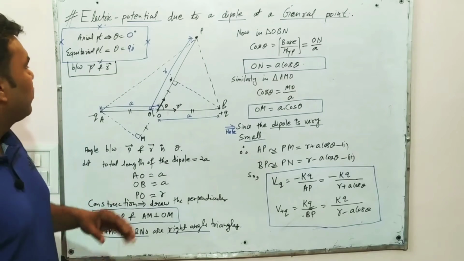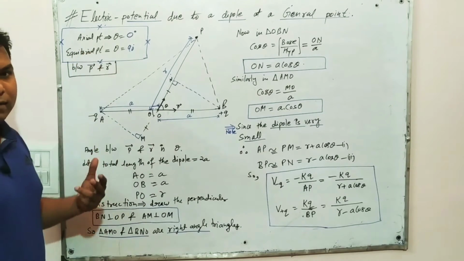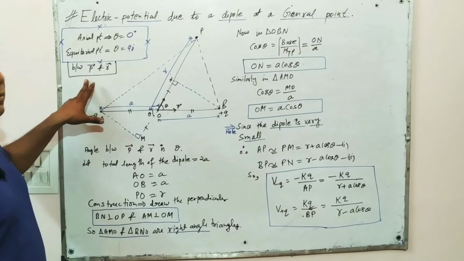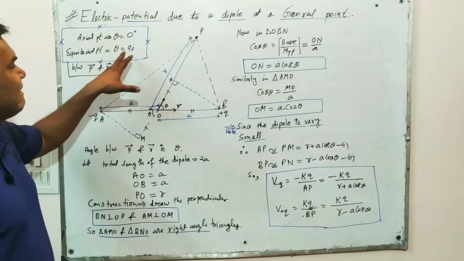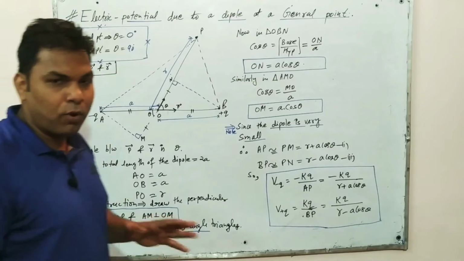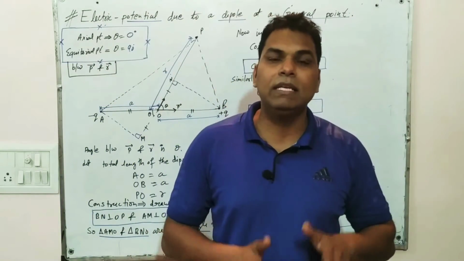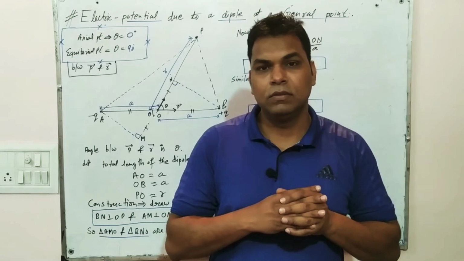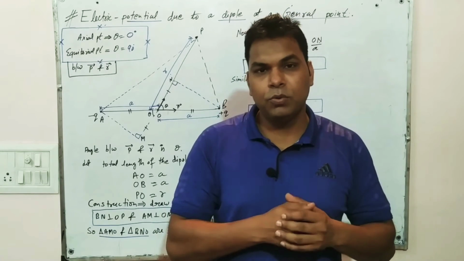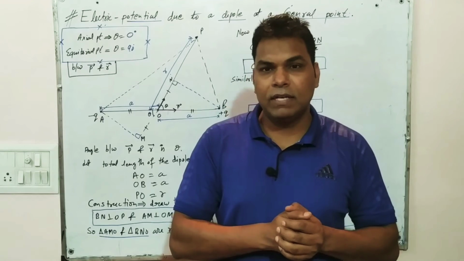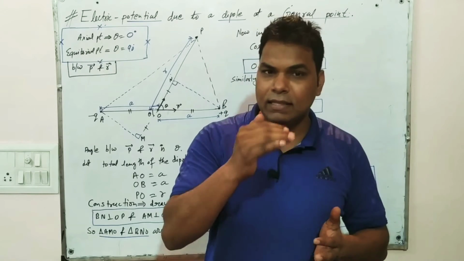Clear? Now for the equatorial point the angle between the dipole moment vector P and the displacement vector R is 90 degree. Means the point P is at right angle, or perpendicular, to the dipole. So I hope you all understand the difference between the axial point and the equatorial point.